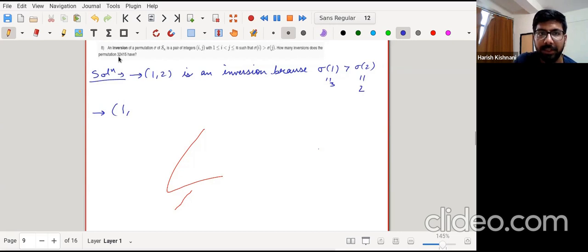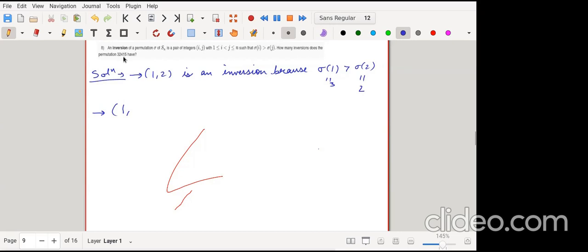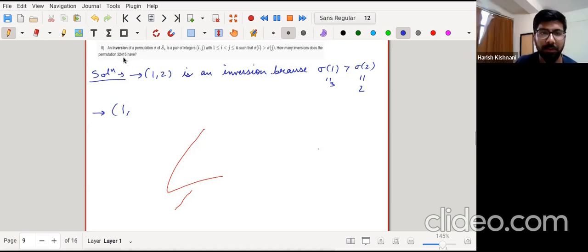So sigma 4 is 1, which is smaller than 3. Yeah. So 1, 4 is also an inversion, because sigma 1 is greater than sigma 4. This is 3 and this is 1, right?